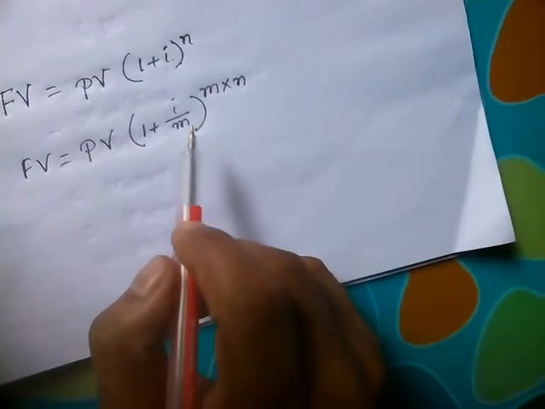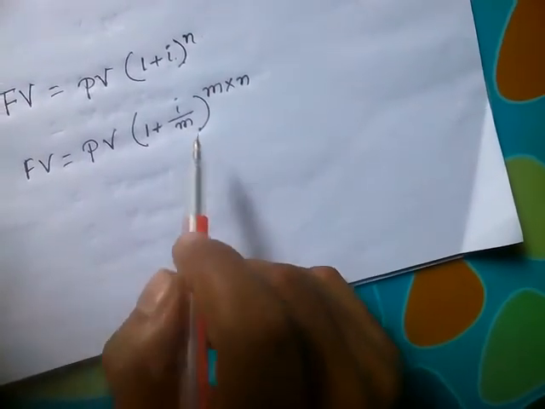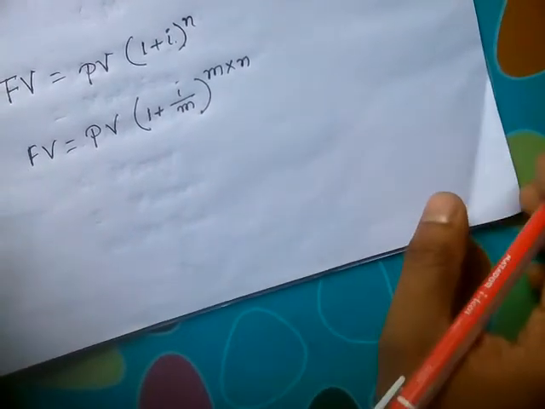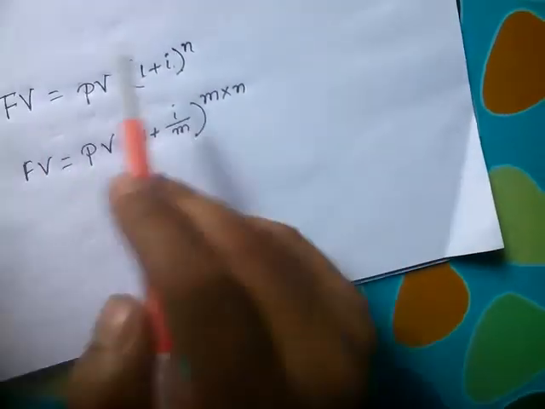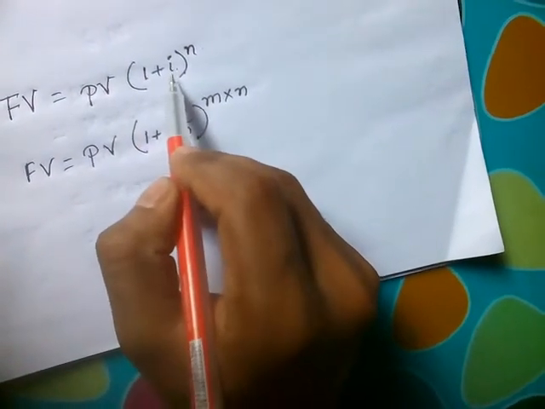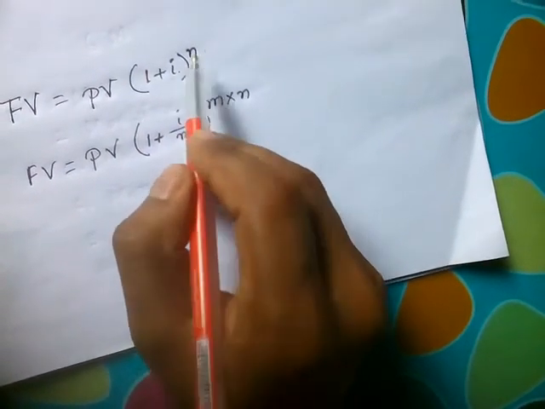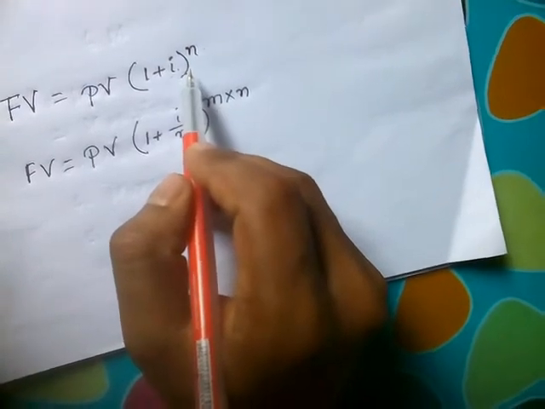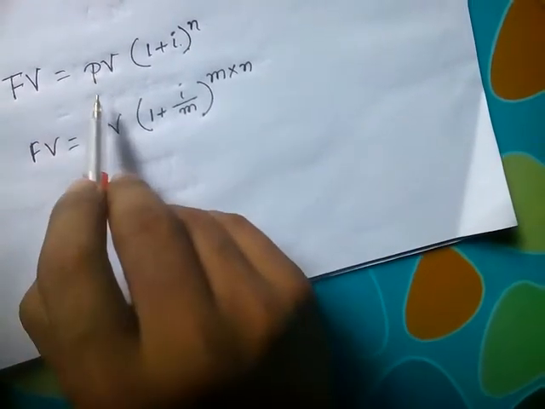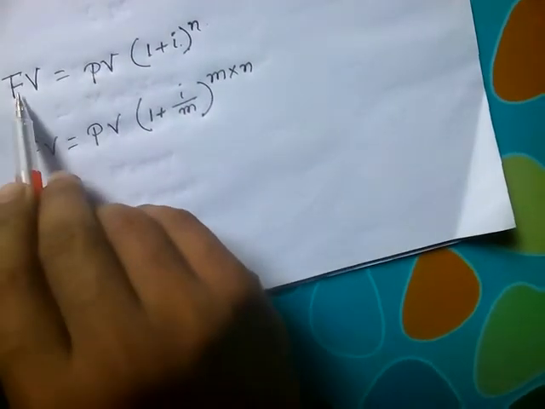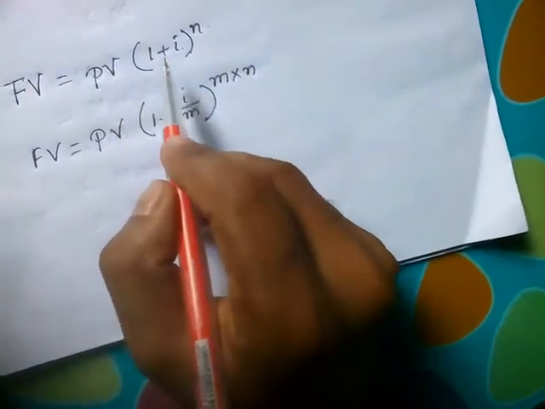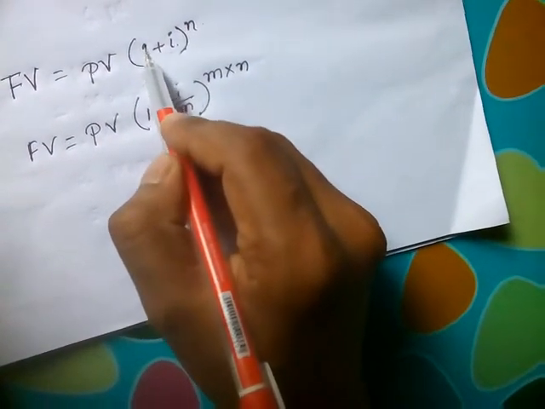And if the number of compounding is more than 1 in a year, then you have to apply this formula. Already I have written here I is for interest rate, and N is for number of years or time, and PV means present value, the amount which we will deposit in a bank, and FV means future value which will be calculated.